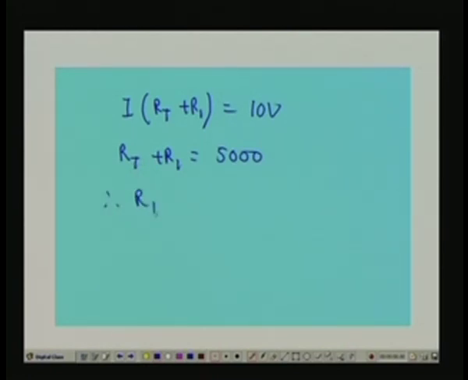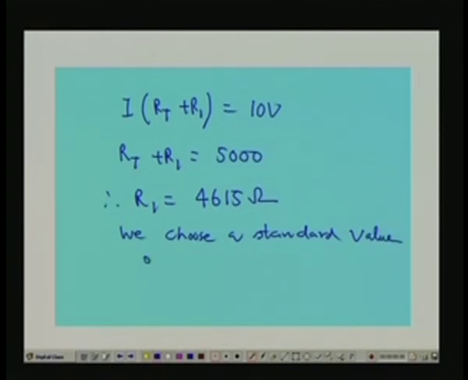Therefore, R1 will be equal to 4615 ohm, right. We choose a standard value because this resistance will not be available. So, we choose a standard value of 4.7 kilo ohm, right.